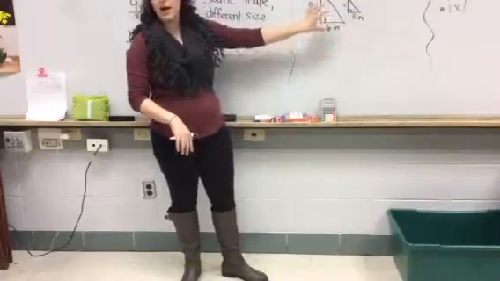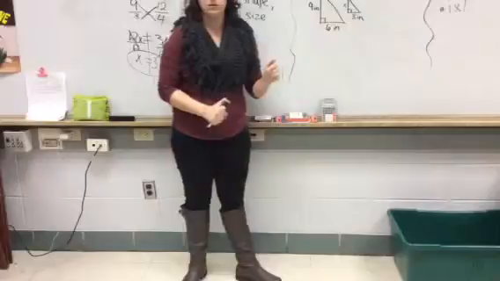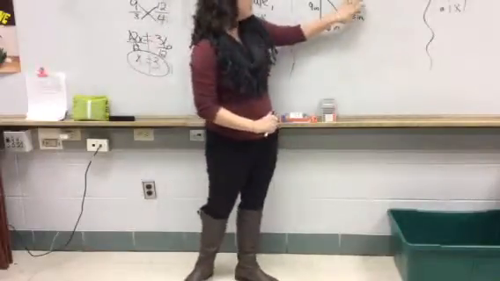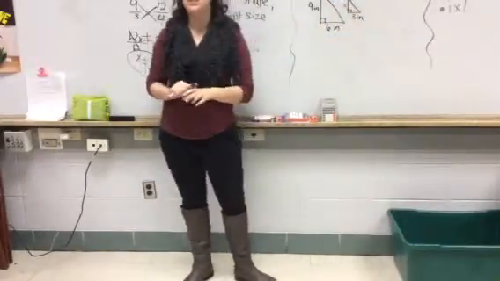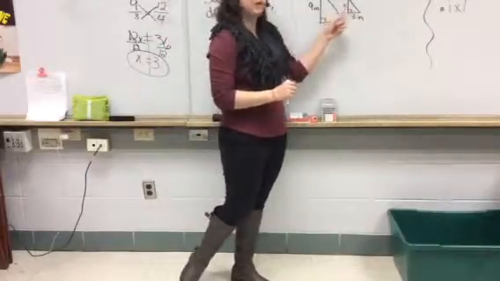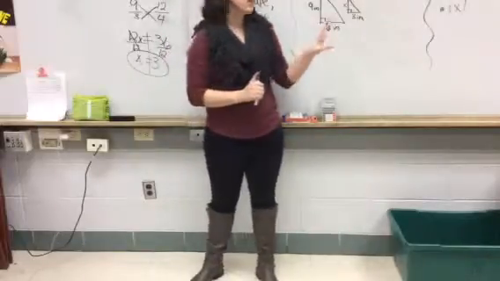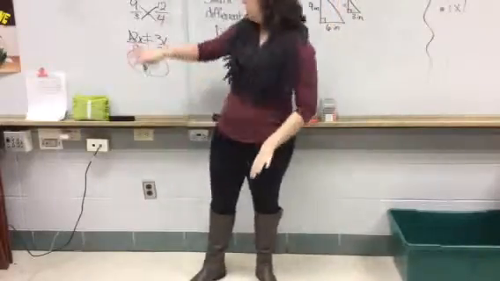One shape is going to have a lot of information labeled. It may be two sides, it may be all three. Okay? The other shape, there's going to be a side length missing. And that's our goal, is to figure out what is the length of this side right here. What's our x equal to? Okay?